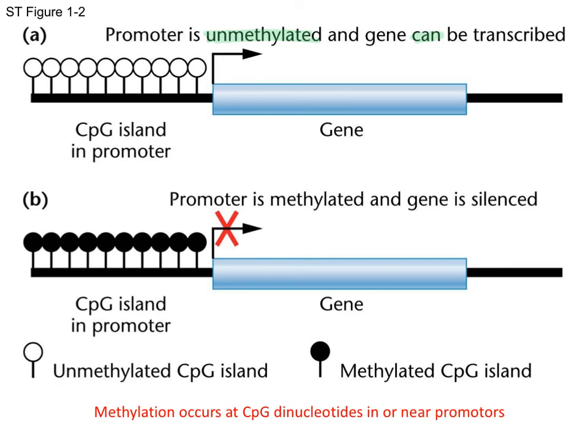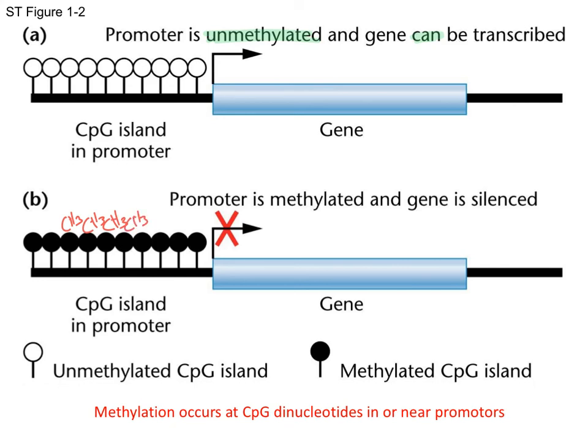Now we come down to B on this image, and the promoter is methylated. So it's a CpG island in the promoter, and notice that all of these are black. That means on each one of these you have a CH3, CH3, CH3. I'm not going to write all of them. Those are all methylated.